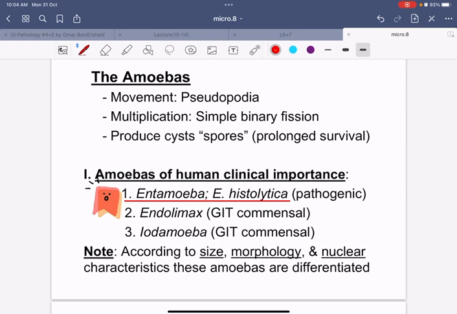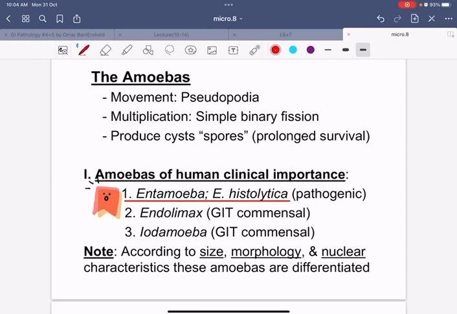First of all, the types of amoeba: Entamoeba, example, Entamoeba histolytica. Endolimax, which is a GIT commensal, meaning normal flora. And Iodamoeba is again a GI commensal. So Entamoeba is our concern today. Example of it is Entamoeba histolytica.